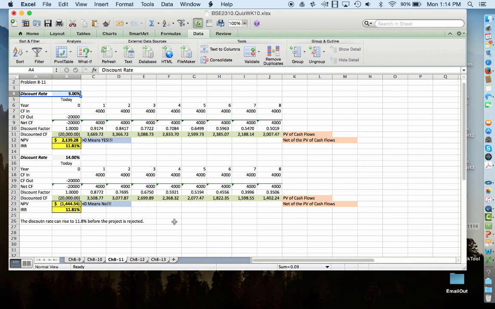So this project's going to benefit us for 8 years. And then we want to know, is it good at a rate of return, and 2 different interest rates. The first one is 9%, the other is 14%.